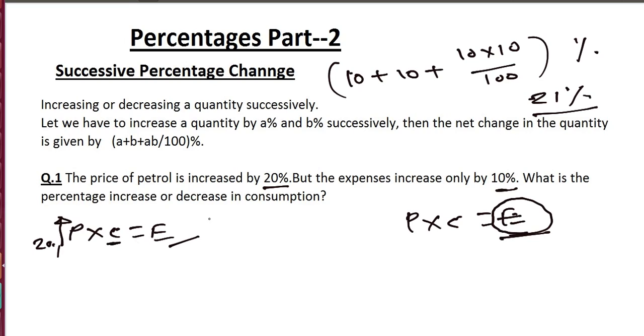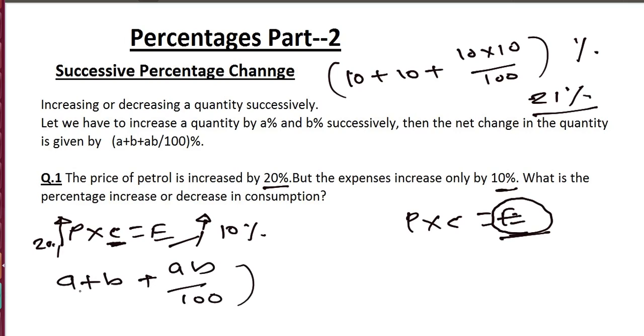So the expenditure is getting increased only by 10%. So what is the effective change in consumption, that we have to find. So we can use this formula here, successive percentage change, A% plus B% plus AB by 100. That should be the effective change in the expenditure.